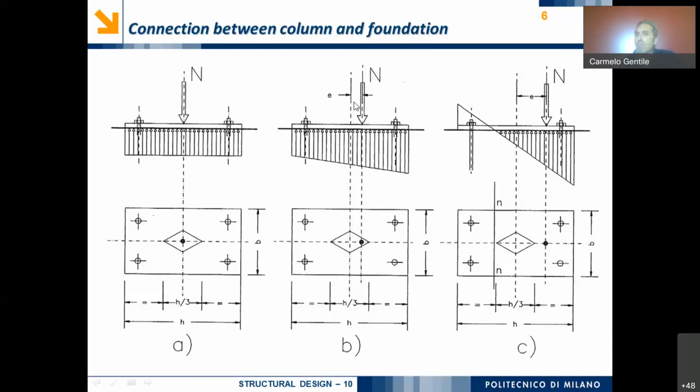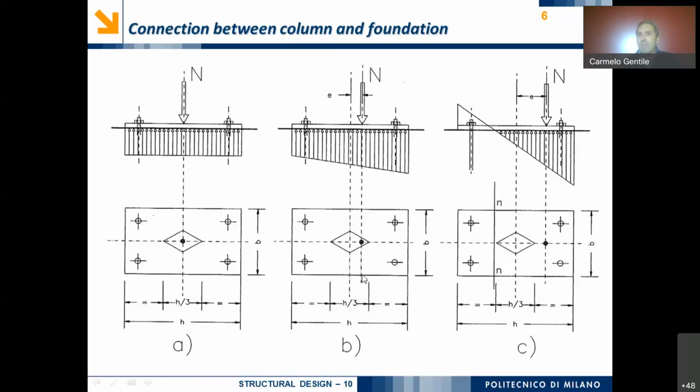If we have a small eccentricity of the force that is transferred by the column, of course, still we have a distribution of contact pressures under the plate.